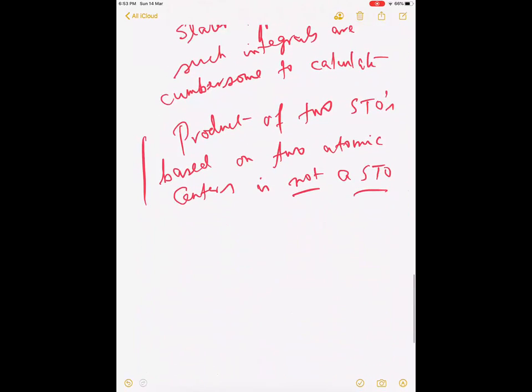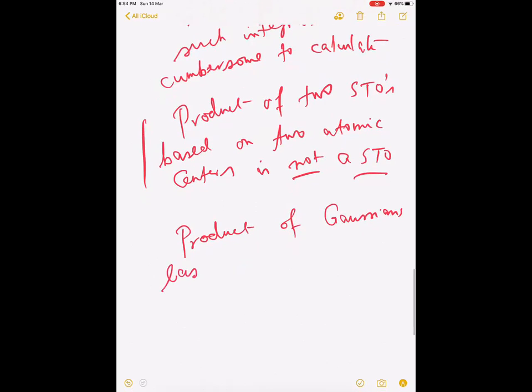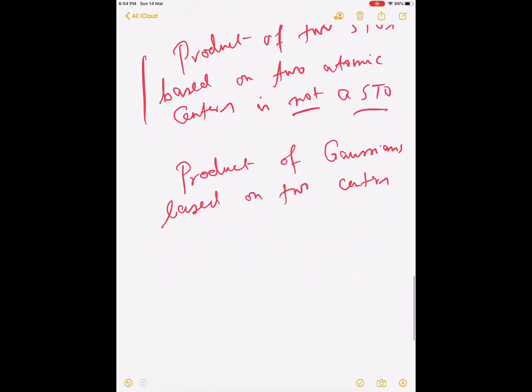On the other hand, mathematically it is known that if I take the product of 2 Gaussian orbitals based on 2 centers, then the product is also a Gaussian. Of course, it will have a center based on some center.